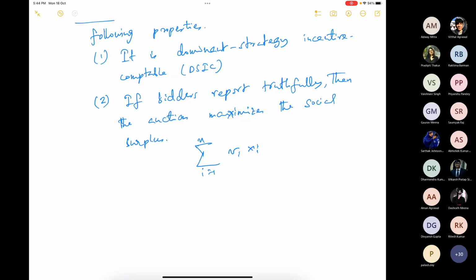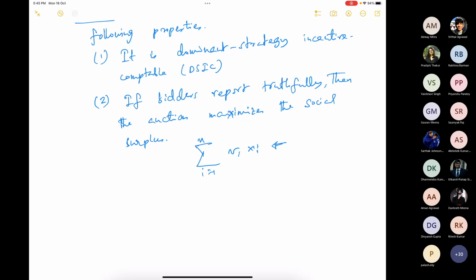Now you see that in the second price auction, because it is DSIC, players bid truthfully vi, and the item gets allocated to the highest bidder. So the allocation rule, which decides who will get the item and who will be the winner, maximizes this particular summation, which is called social surplus.